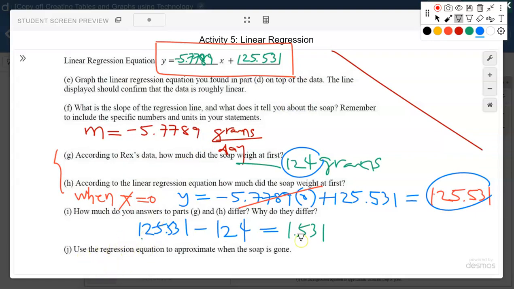And the last question. Use a regression equation to approximate when the soap is gone. This is for letter J. So when it is gone, so meaning your y is 0, what is the value of x?